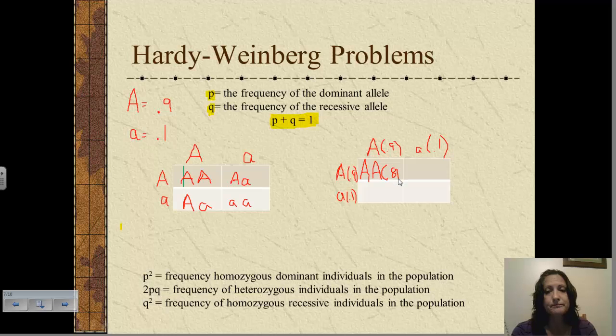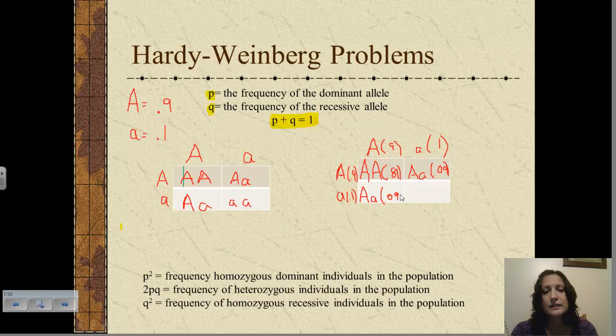Here the probability of getting a big A from the mother and a little a from the father is going to be 0.9 times 0.1, or 0.09. And again, if the sperm is the big A and the egg is the little a, we would end up with, again, 0.09.